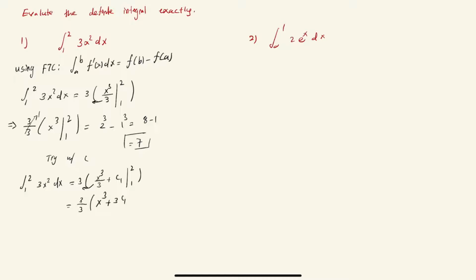Now we have 3c1, and the evaluation is going to be the same. I'm going to assign 3c1 to c2, and 3 over 3 equals 1, so what's left is x cubed plus c2, evaluated at 2 and 1.